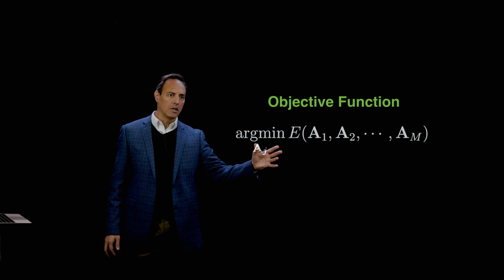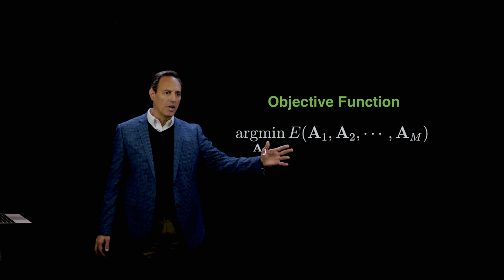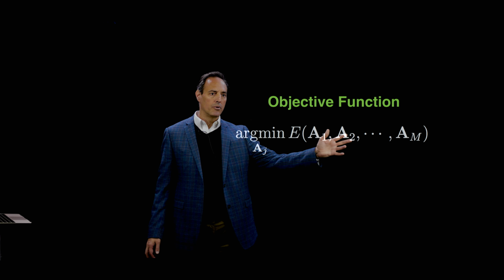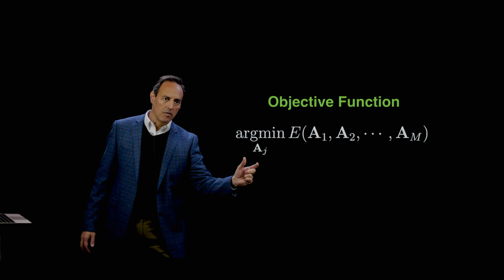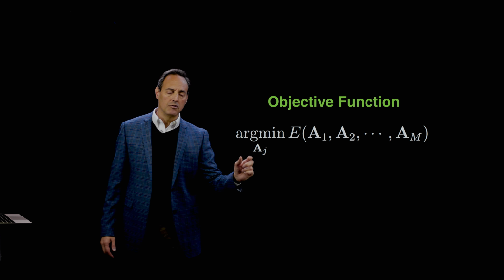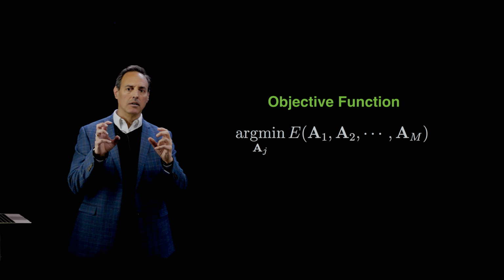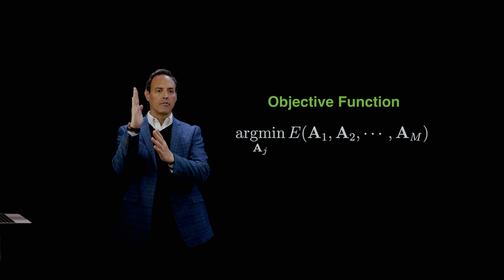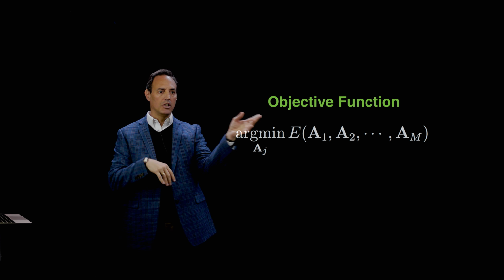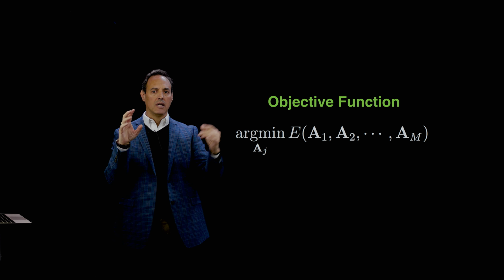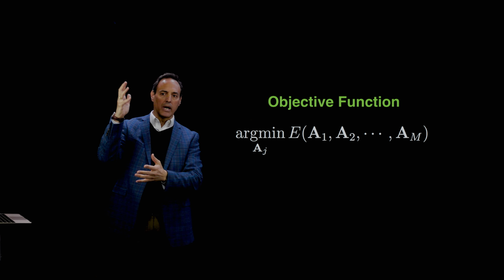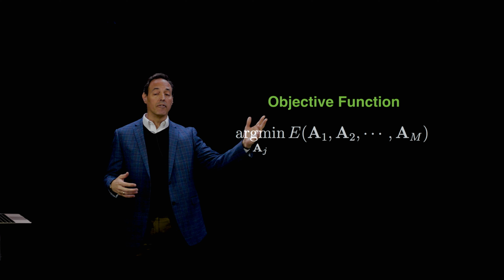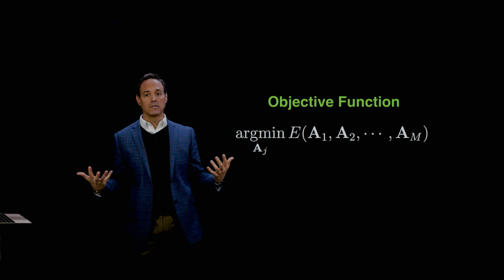I want to take the argument of some error E, which is depending upon some different values of matrices A1 through A of M. Now, I want to optimize over all those weights A of J. So the A of J's here are going to represent essentially the weights from one layer of a network to another. So here the idea is to have M layers, and each layer has a set of weights. So each layer's weights are called A1 or A2 or A of M. They're just a collection of all the weights.